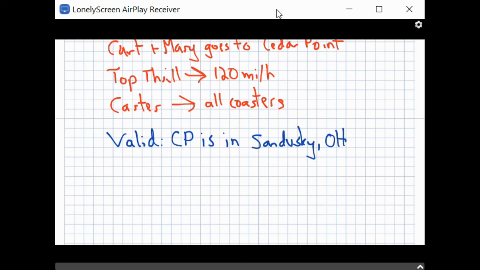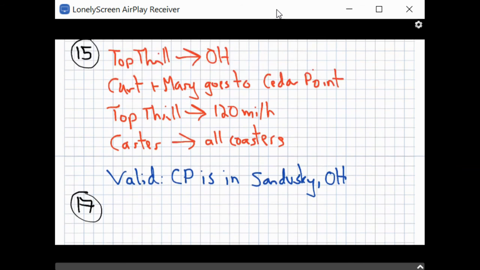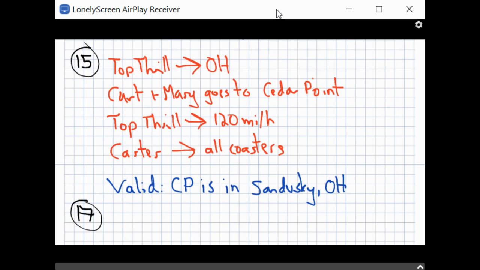Okay, number 17 then says Carter rode a roller coaster that travels 120 miles an hour. Do we know that he actually went 120 miles an hour? Let's look at our statements. We know that he went to Cedar Point. So if Carter goes to an amusement park, he rides on all the coasters.